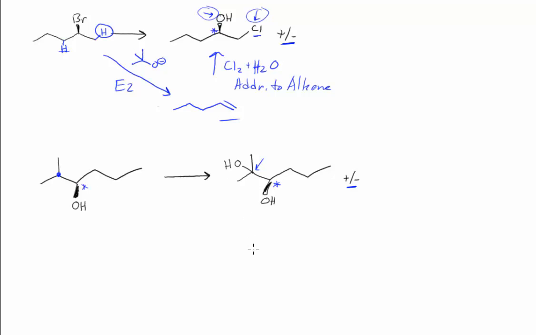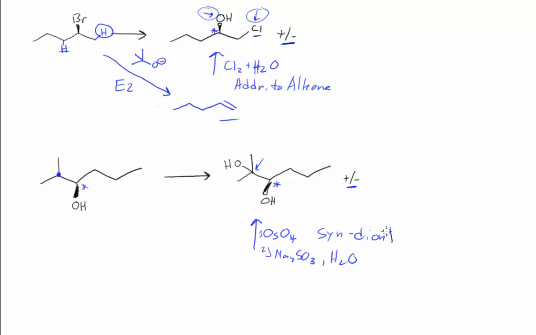And so we've learned a number of reactions that can add 2 OH groups, essentially a 1,2-diol. My favorite is probably osmium tetroxide, followed by sodium sulfite and water. And that adds a syn diol, of course.